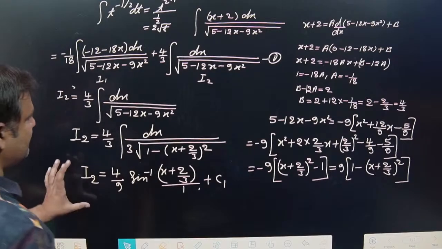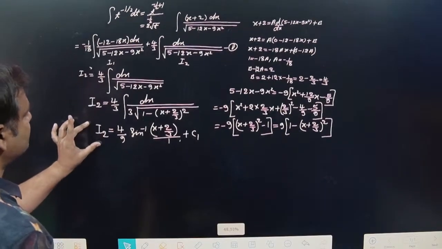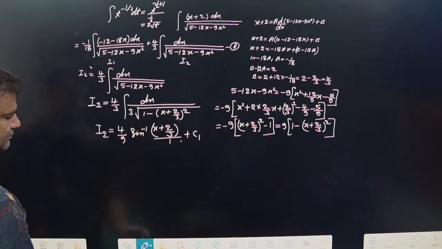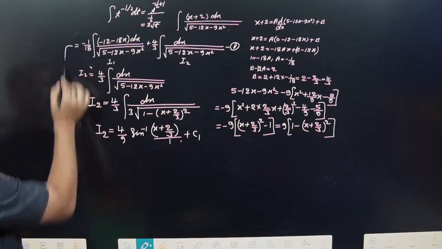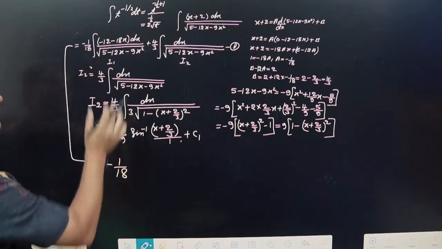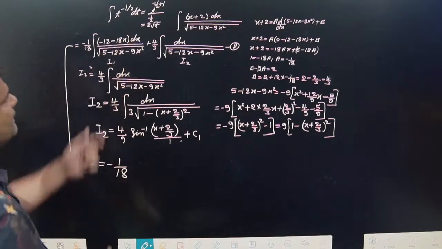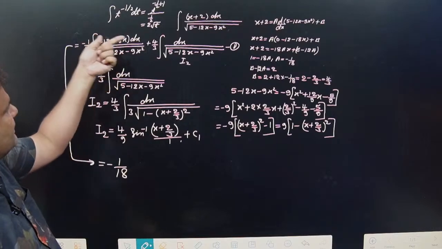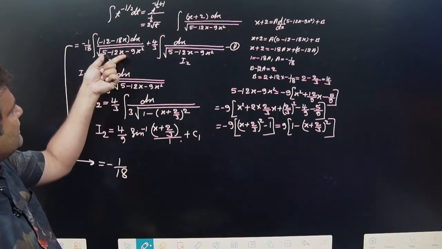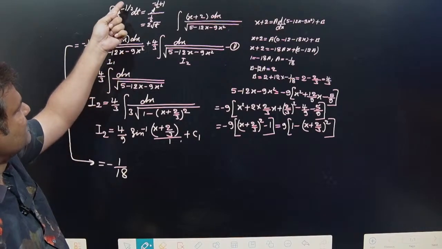After that we focus on this one written minus 1 by 18. What about that value? Here dt divided by under root t, that is 1 upon under root t, basically t to the power minus half dt.